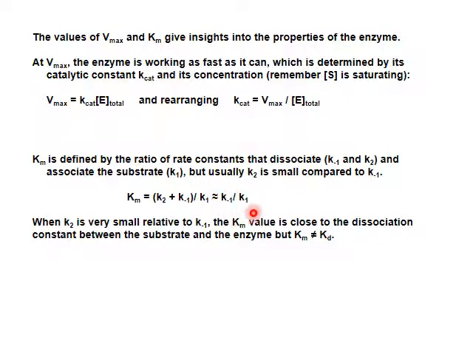It's really not a KD. You can't use that to say that's the KD of enzyme and substrate binding. I like to think of it, it's just the substrate concentration at 1/2 Vmax. That's exactly what it is. So you can see it's a complex combination of rate constants here, okay? So Km is not the KD, but the substrate concentration at which you are at half maximal velocity, all right?